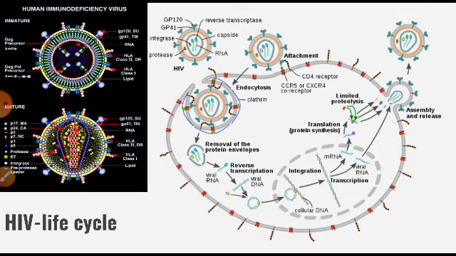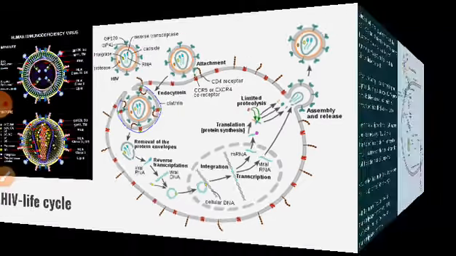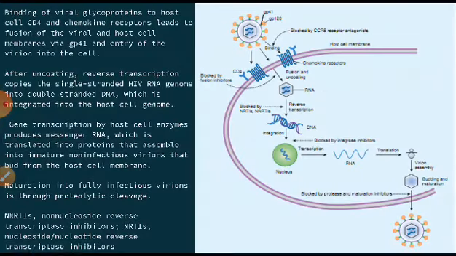And this is the life cycle of the HIV virus. I have already discussed it in the previous slides. Here also an almost similar life cycle has been shown. You can see how the virus enters, binding with the receptor, and after binding, the CD4 cells are there. You can see the CD4 cells, because ultimately it is inhibiting those CD4 cells after infection.